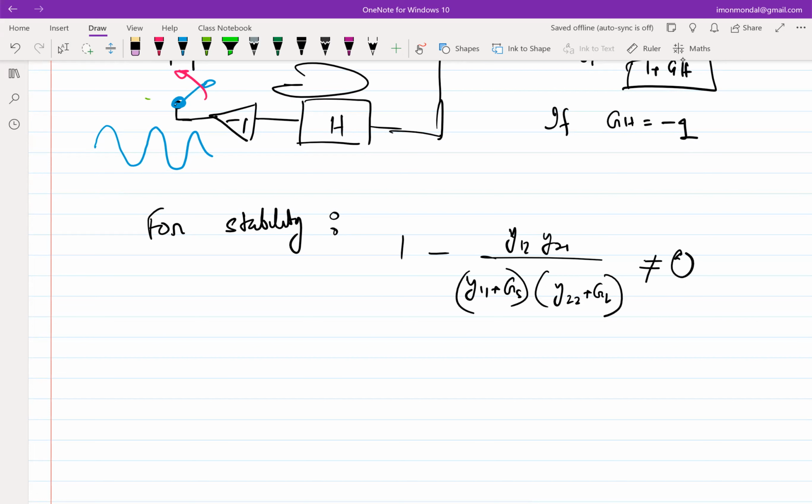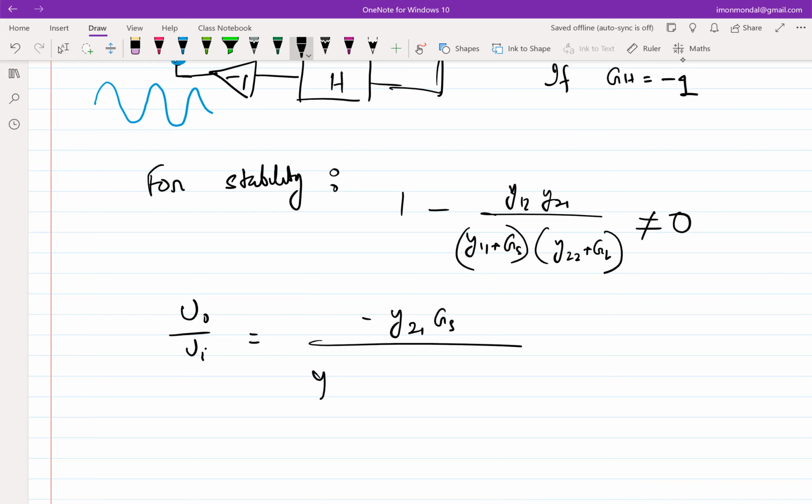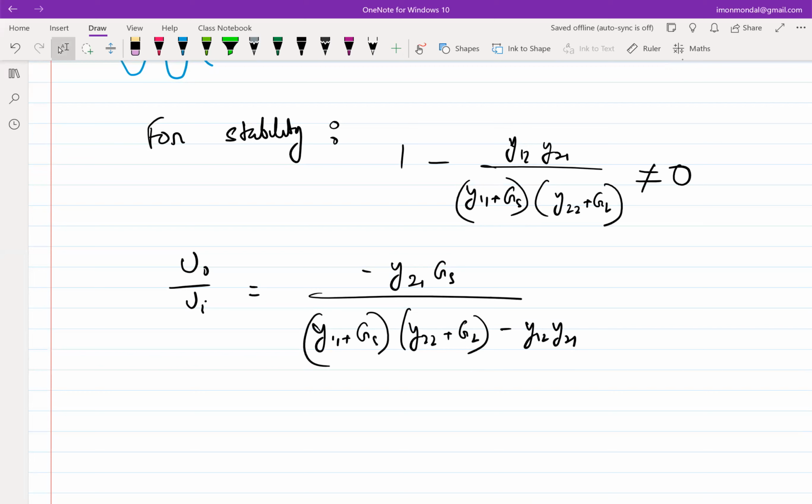Or in this case, since we have assumed that all of them are real numbers, we need to ensure that this is, let's keep it at, never equal to 0. And if I write out V0 over Vi again, what do I get? Y21 GS. So now we assumed all these are positive values.